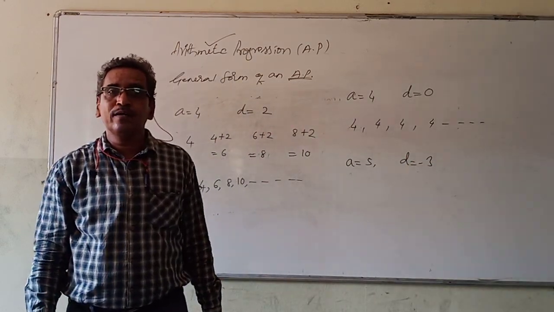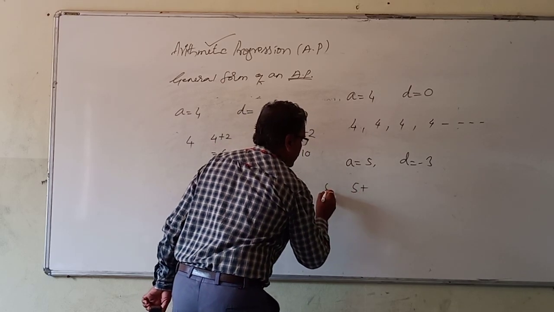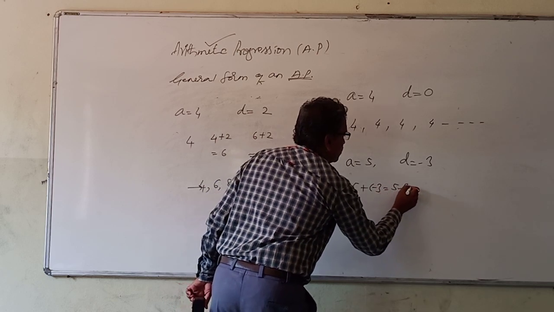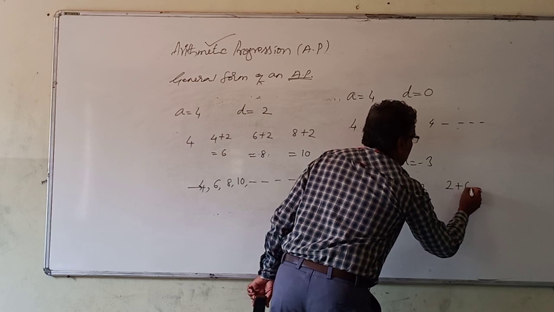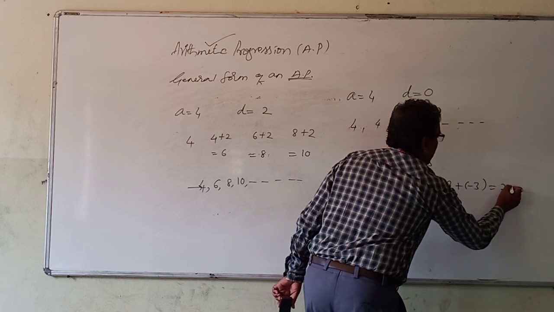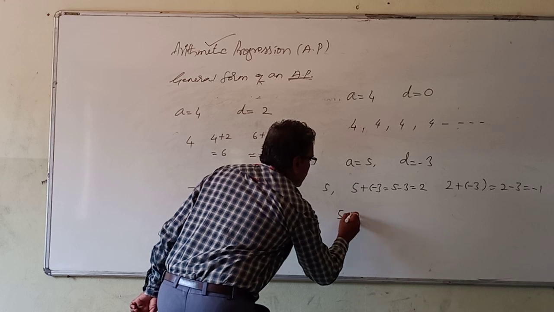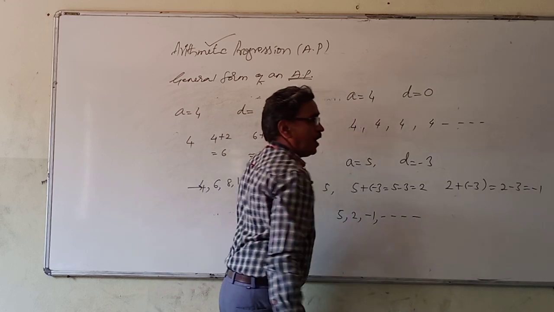What is the AP? 5 is the first term, 5 plus -3 is 5 minus 3, which is equal to 2. 2 plus -3 is 2 minus 3 equal to -1. It means 5, 2, -1 is said to be an AP.